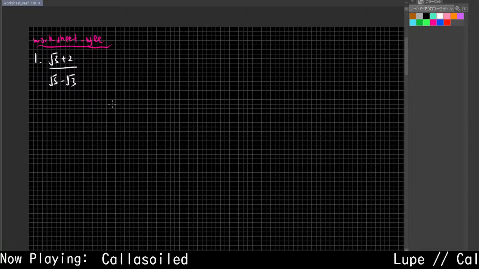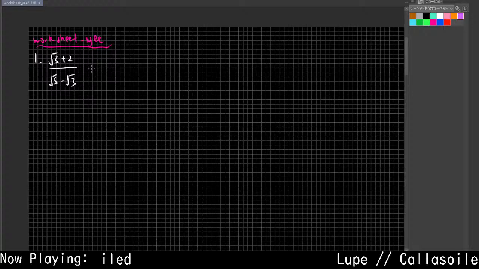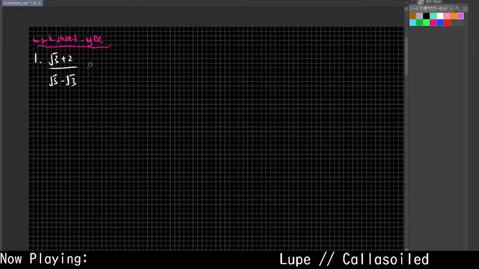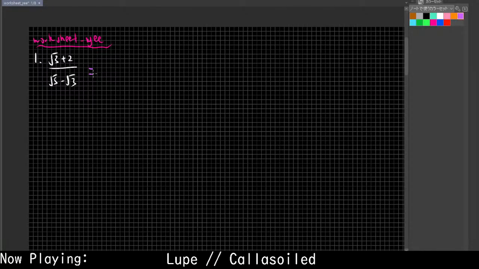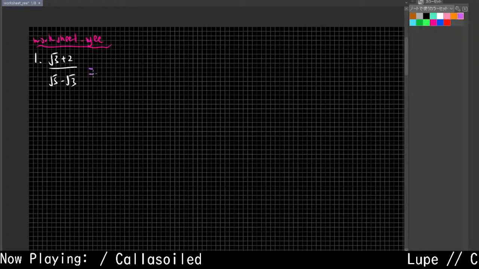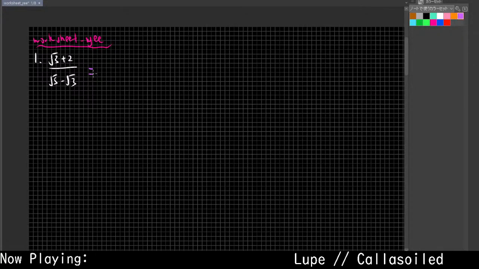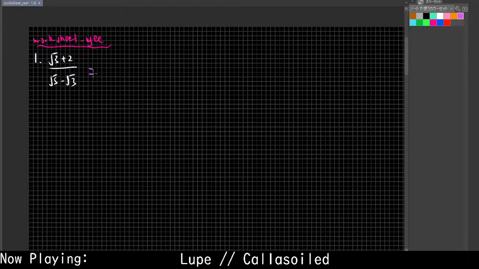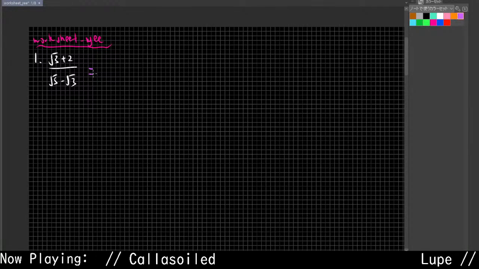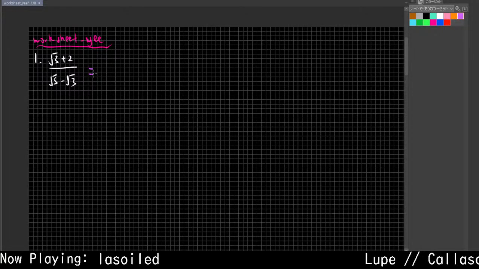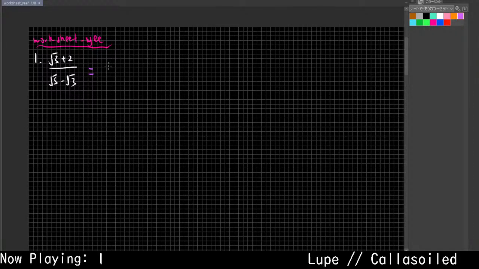For this one, you see the square root at the denominator, so you want to get rid of it. To get rid of the square root, you multiply by what I usually call the converse of the denominator, by changing your minus to plus, or plus to minus.